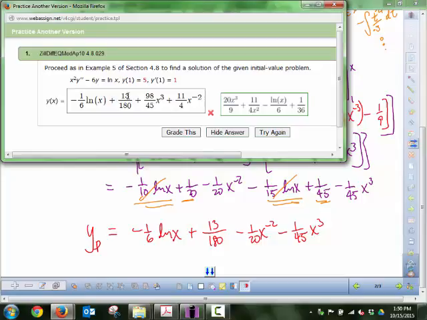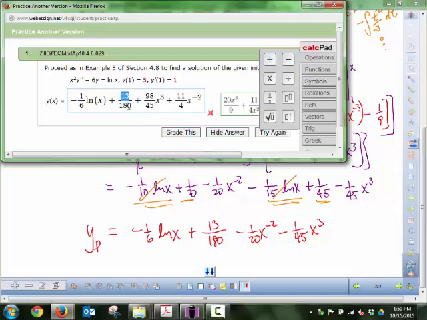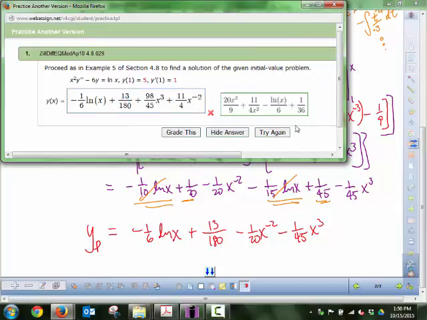What's 15 divided by 180? How do you get 36 out of 180? 12. So this has to be a 12 here. 12 divided by 180 is 1 over 36.